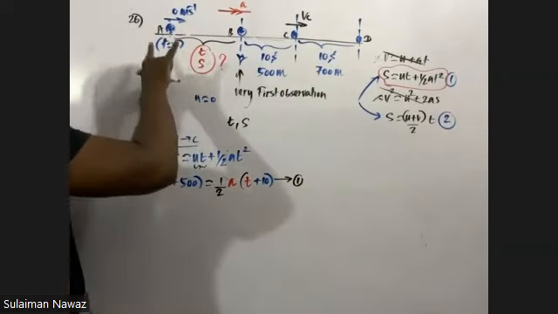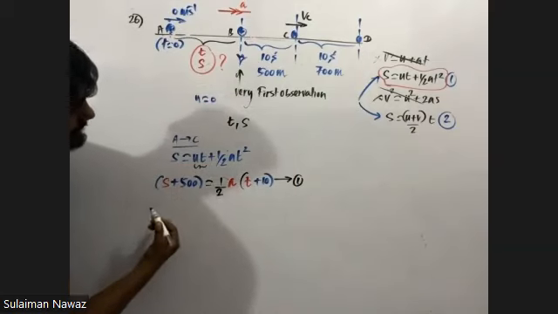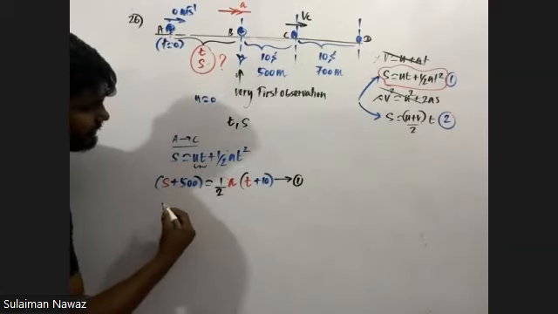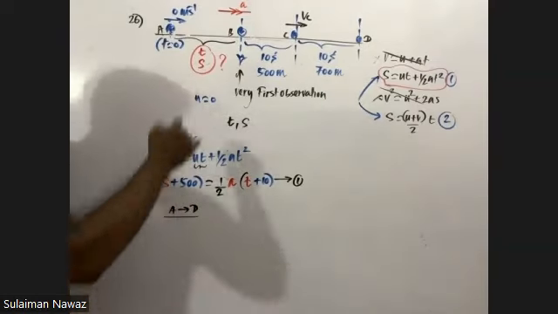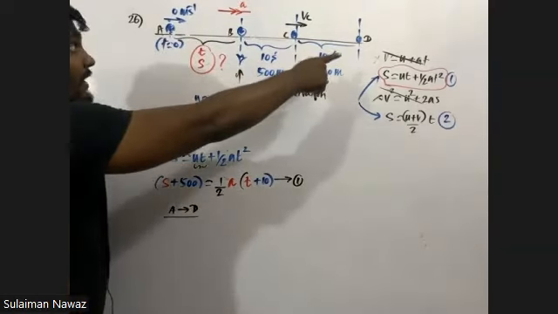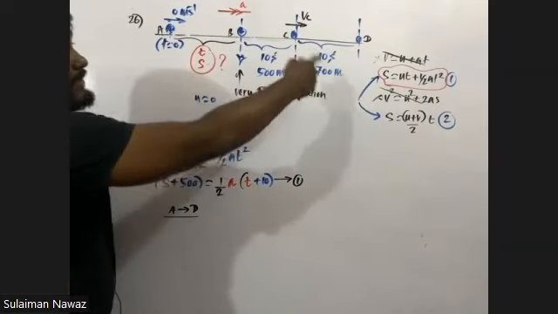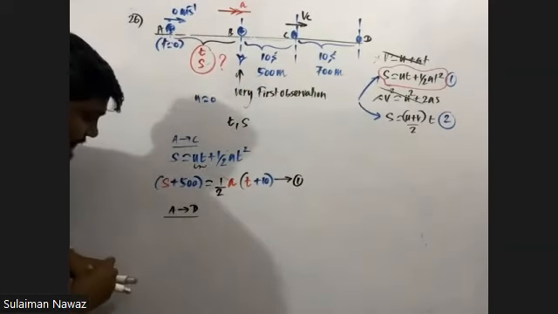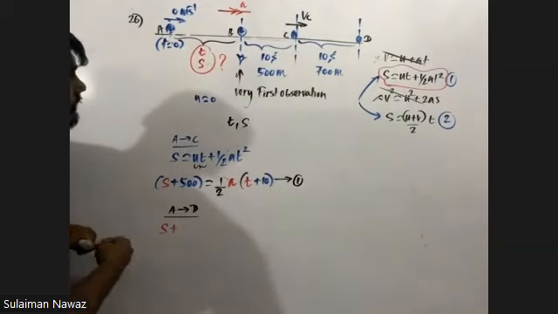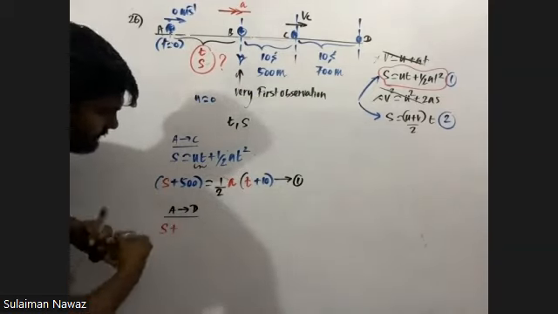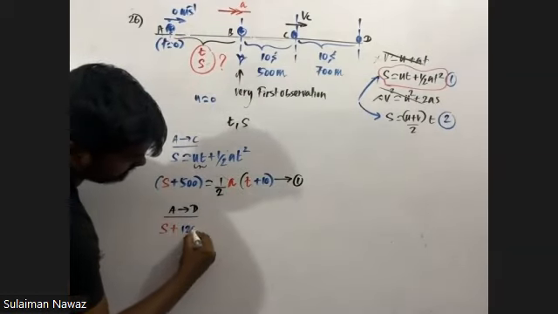If I consider A to D motion, A to D motion total displacement is how much? S plus 500 plus 700. That means S plus 1200.